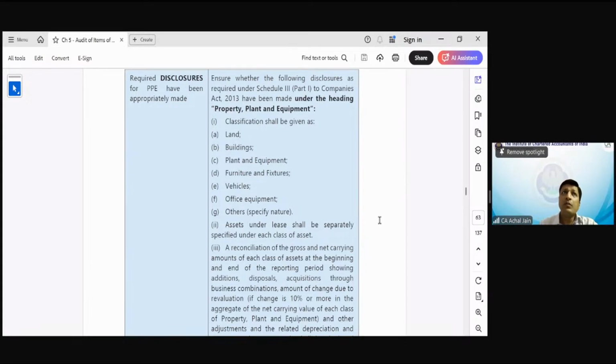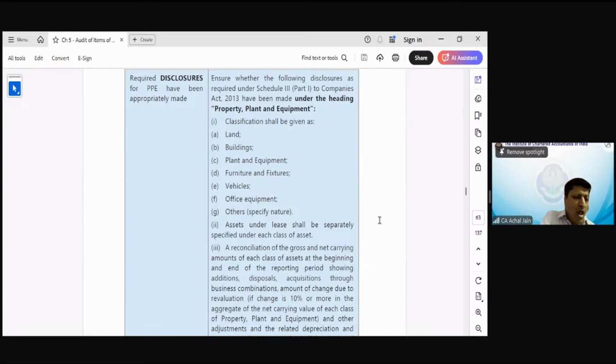On that gross block, what has been the accumulated depreciation in terms of its opening balance? What all depreciation has got added during the year? And then the closing balance. And then the net block, meaning gross block, then you have this accumulated depreciation and then the net block. Again, opening, addition, deletion, and the closing. So this is how it's required to be presented. So you can say in a way, complete movement of PPE is shown in the financial statements on the basis of various categories of PPE.